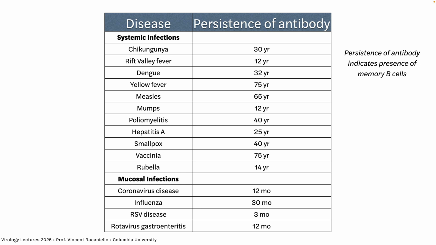So there's some difference between mucosal and systemic infections in the ability to induce memory B cells. And we don't know what it is, but it would be nice to find out because we could use it in immunization, obviously. So mucosal infections, the B cell longevity is a problem. We don't know how long COVID vaccine memory B cells are going to last. We know they're there, but not sure how long they're going to last.